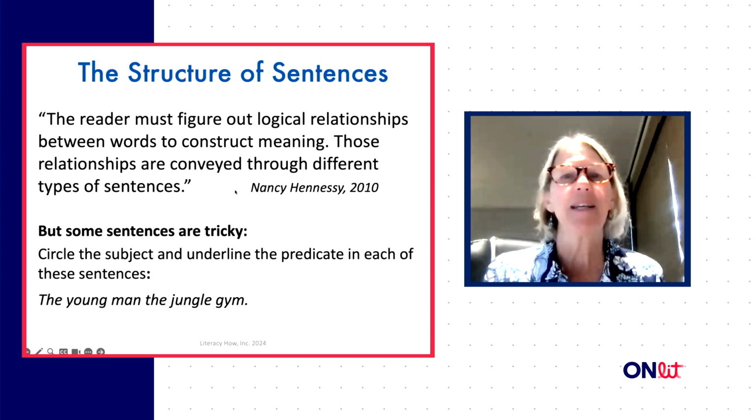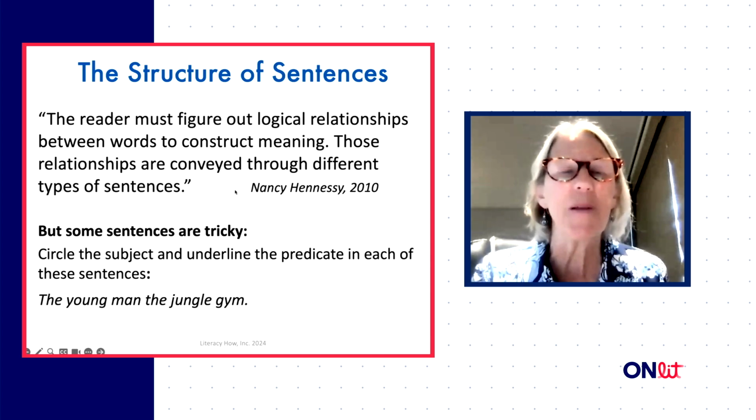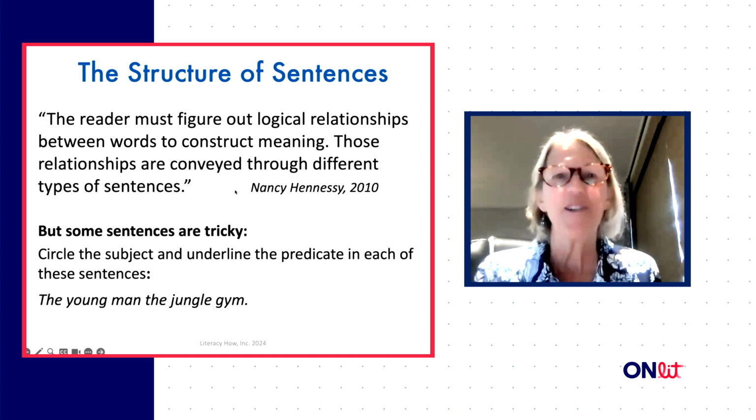Man. Excellent. Man. So most teachers, when I show them this, say there is no subject, because they're looking at young man. They're looking at man as the subject and young as an adjective, and there's no verb, there's no action word. But that is hard, Stephanie.